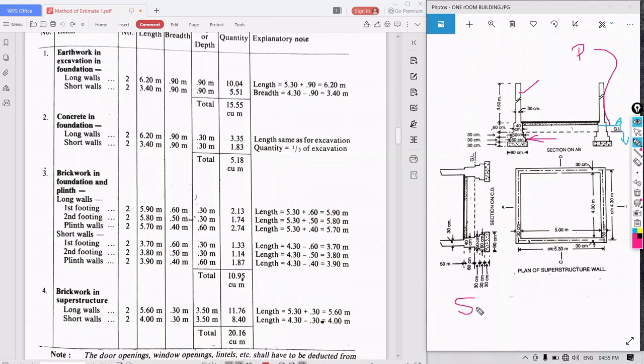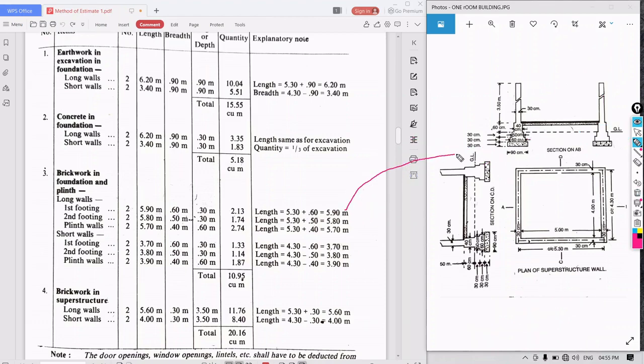That is center line length, how much? 5.3. Okay. Plus what is the width of the first footing? That is 60 centimeter. That is 0.6 by 2 plus 0.6 by 2. So that is 5.3 plus 0.6. It is nothing but 5.90. It is for what? First footing. This is for the first footing.